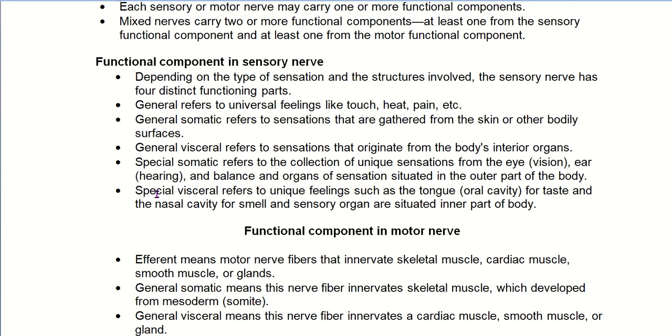Special somatic and special visceral both carry special sensory information. Special somatic has three special sensory functions: vision, hearing, and balance, and special visceral indicates two special functions: smell and taste.